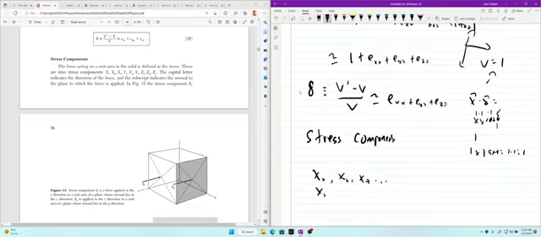Because you have y in the x direction, y in the y direction, y in the z direction, then z in the x, z in the y, z in the z direction. So the capital letter indicates the direction of the force. These are on the x, these are on the y, these are on the z. And then the subscript indicates the normal to the plane to which the force is applied.